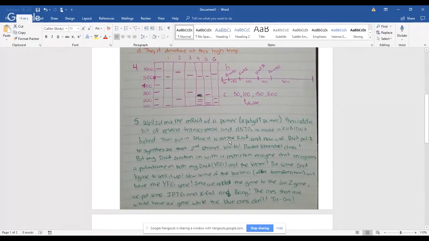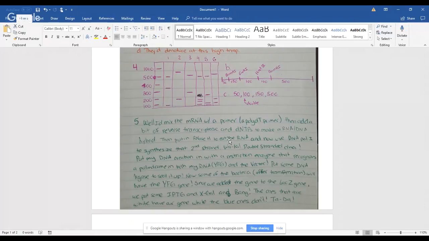Part 4 gave us 6 different reactions and the fragments it produced based on the restriction enzyme that was used. So part A, I just drew the map. The first column, or column 0, is all the standard lengths, and then 1, 2, 3, 4, 5, 6 just corresponds. Part B, we had to map it.